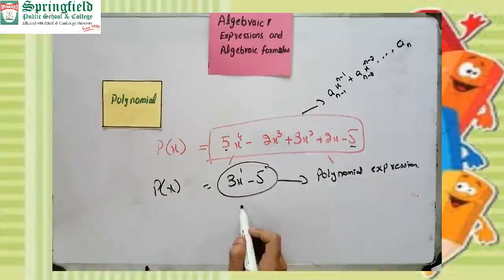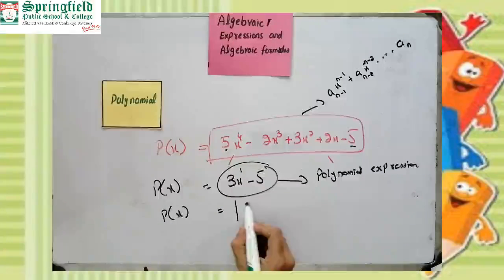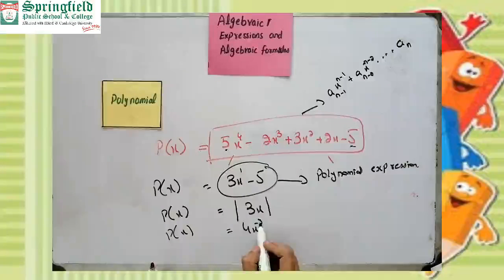Understood, beta? Now there are some expressions that are not polynomials. Let's suppose p of x is the absolute value of 3x. This is not a polynomial expression. P of x equal to 4x power minus 2.